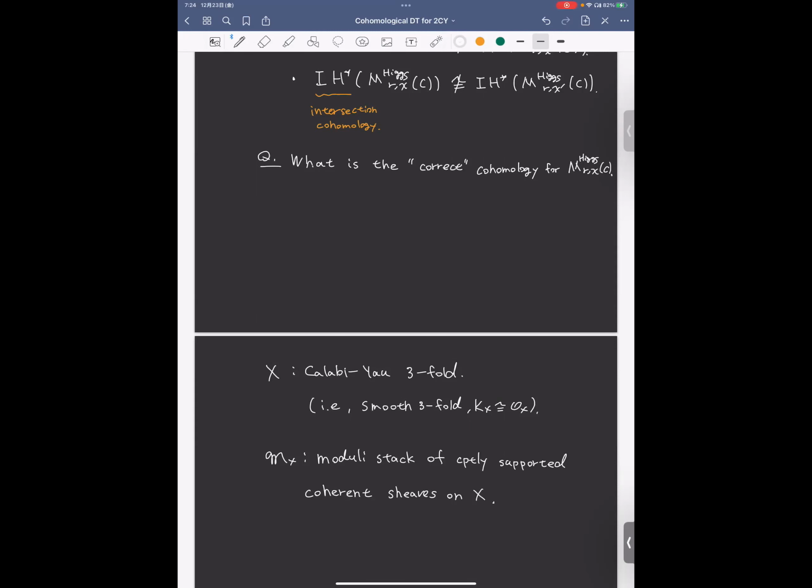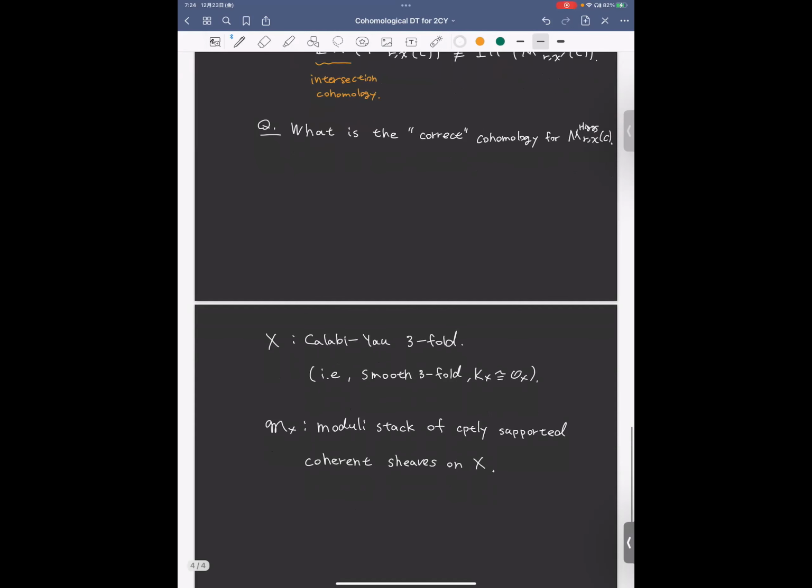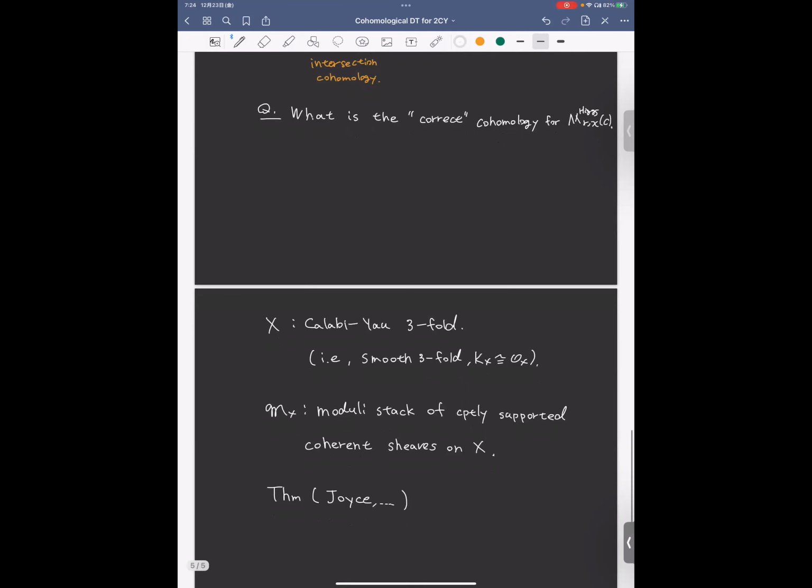Okay. And the following theorem is due to Joyce and his collaborators. But there are so many contributors and the blank is too small to write all the names. So I only write the name of Joyce. Okay.